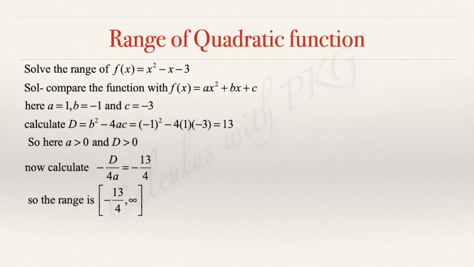Remember, the point −d/4a always represents either the minimum value or the maximum value of the quadratic function, depending on the cases of the quadratic equation which we studied in our previous slide. So here −d/4a = −13/4, which is a negative number. So the range is from −13/4 to infinity.